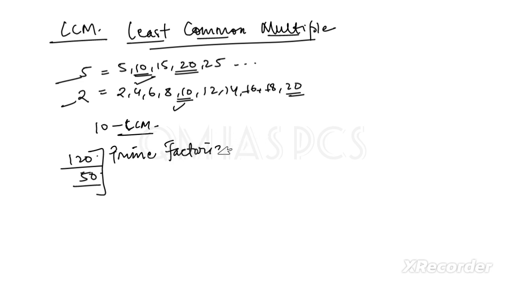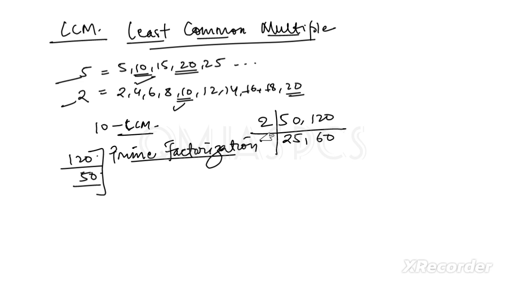Okay, you know what prime factorization is? Let's do this. Just write those numbers and factor with prime factors. 2 is a prime factor for both, so it will be 25 and 60.